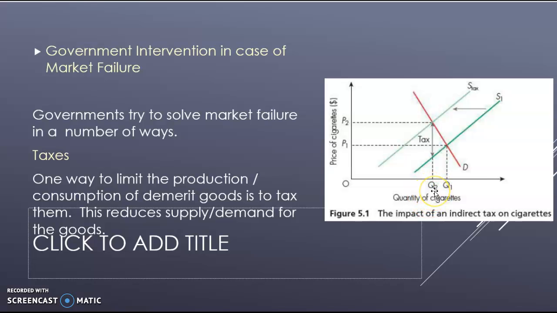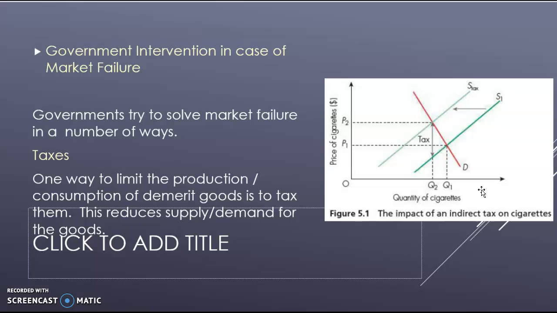So that's got to be a good thing. Fewer people are smoking, which means that fewer people are suffering from those externalities. We're not having to pay as much in healthcare for people who get lung cancer or any of the other illnesses caused by smoking, so that's beneficial to society.